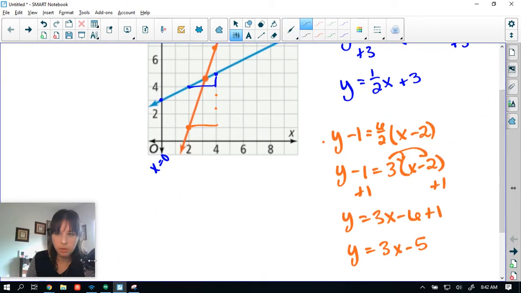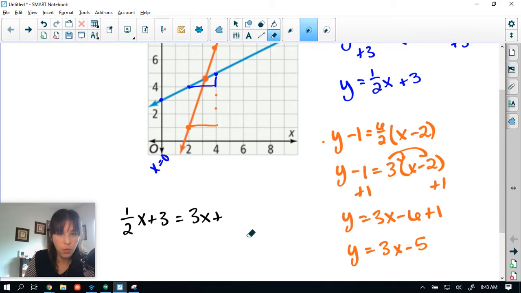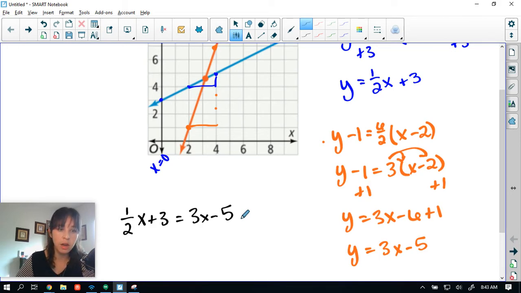If I were to take my 2 equations and set them equal to each other, a great thing is since we haven't been doing this algebraically, I would suggest practicing your technology and putting this into your calculator or Desmos and solving for x that way.